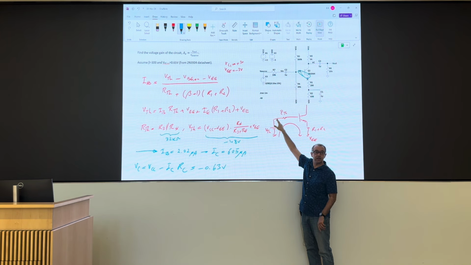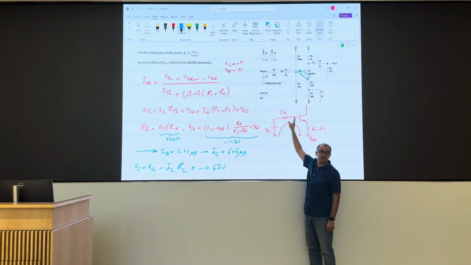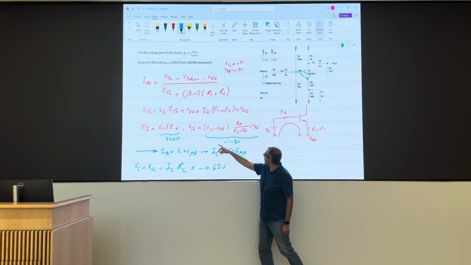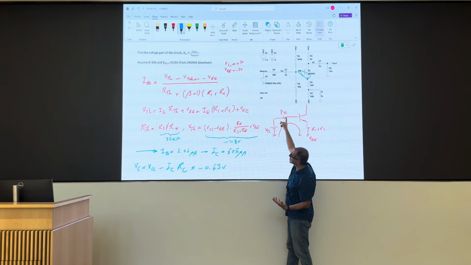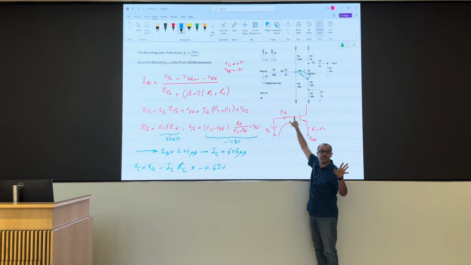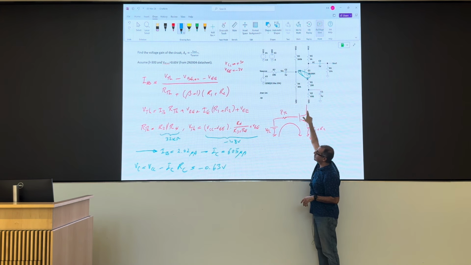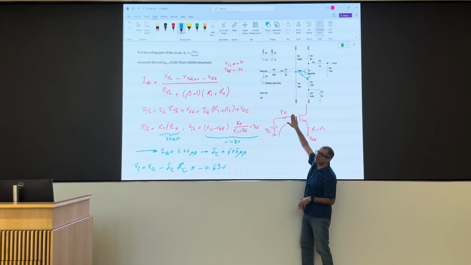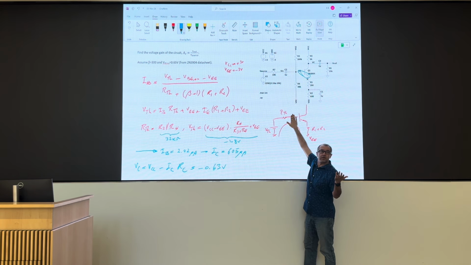Base voltage is the voltage on this side of this resistor. But the base current is 112 microamp. That resistance is how much? 32K. That voltage is small. So this is going to be more or less 1.8, right? And then the collector voltage ended up being minus 0.63. This is, let's say, minus 1.9.